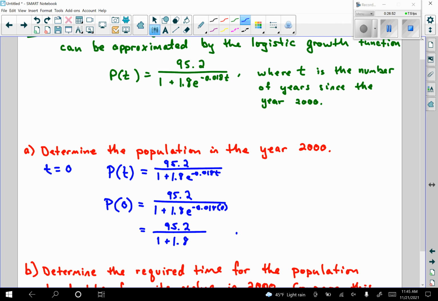And we'll continue this over here. This means P of 0 is going to equal 34. And if you recall, the information that was given to us in example 3a told us that the population in the year 2000 was approximately 34 million.